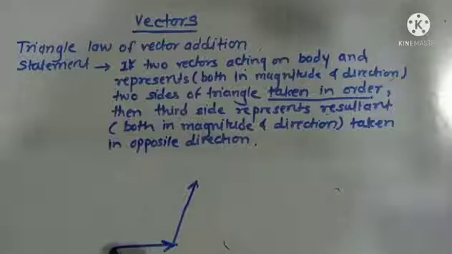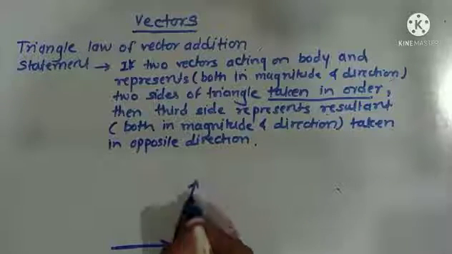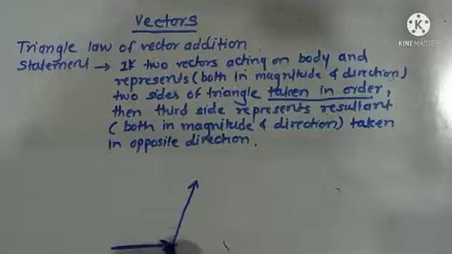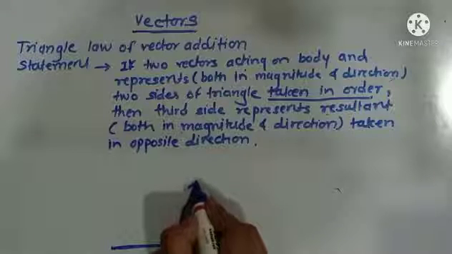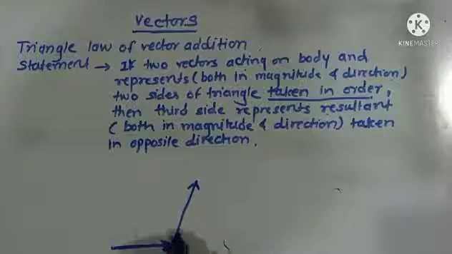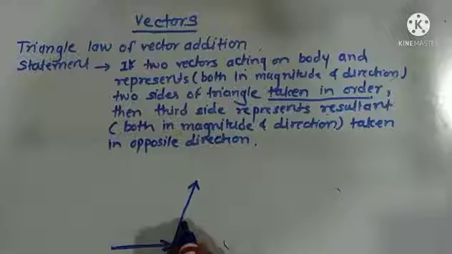If these two forces are acting on a body and are taken in order, what is meant by taken in order? This is the tail of the first vector and this is the head of the first vector. This is the tail of the second vector and this is the head of the second vector. If the tail of the second vector is on the head of the first vector, this is called taken in order.